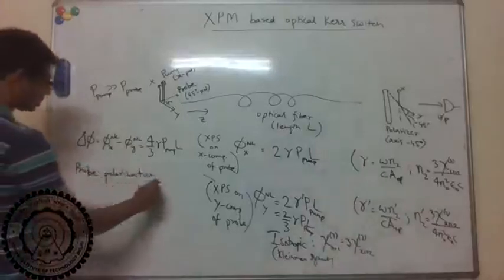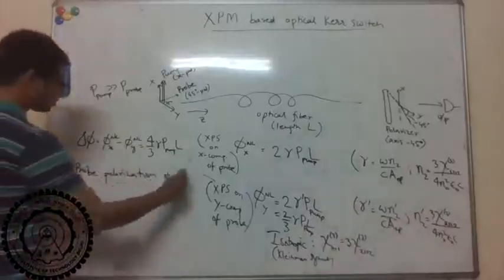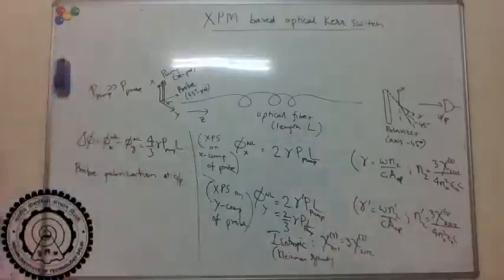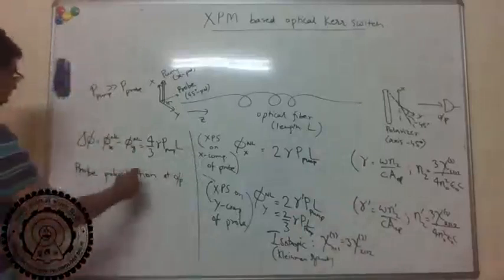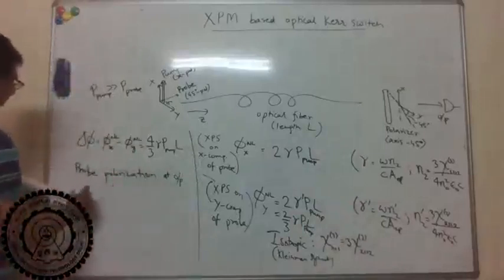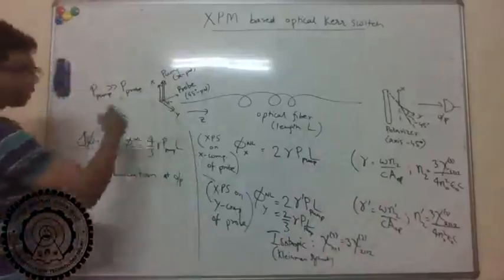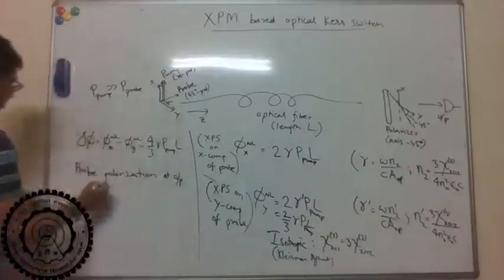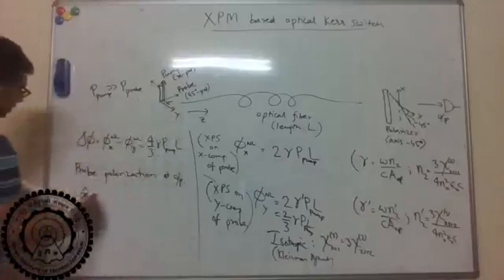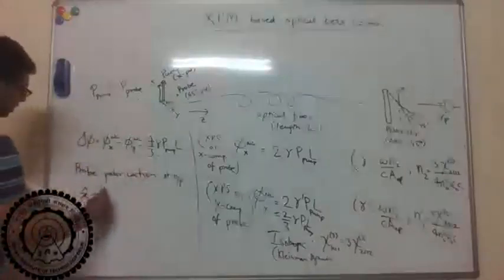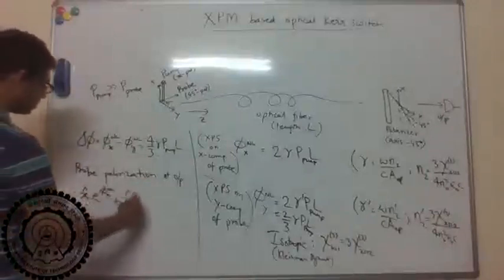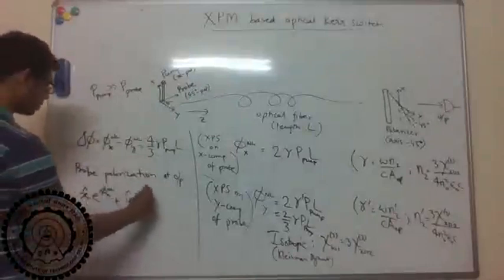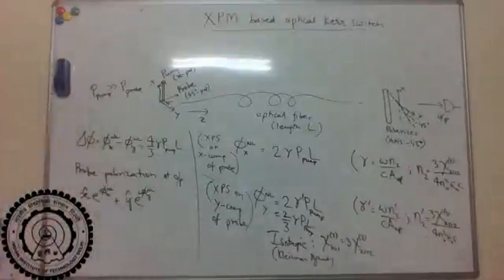polarization at the output is basically, so initially at the input it was x plus y by root 2. So at the output the x component acquires this phase shift phi x, and then the y component acquires phi y, right?